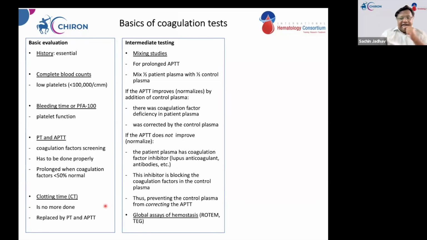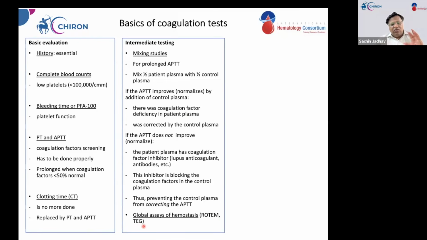There is a second kind of intermediate level coagulation testing, which is done by small machines, point of care devices called ROTEM and TEG. TEG is thromboelastogram. So what these do is they will take the patient's whole blood, add calcium, and then check various parameters as to how much time it takes for the clot to form, how strong the clot is, when the normal fibrinolysis, clot dissolving, starts, and all of that.